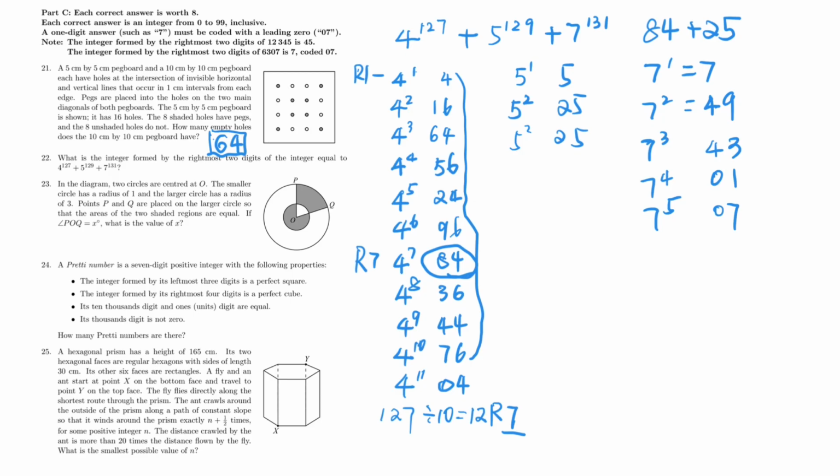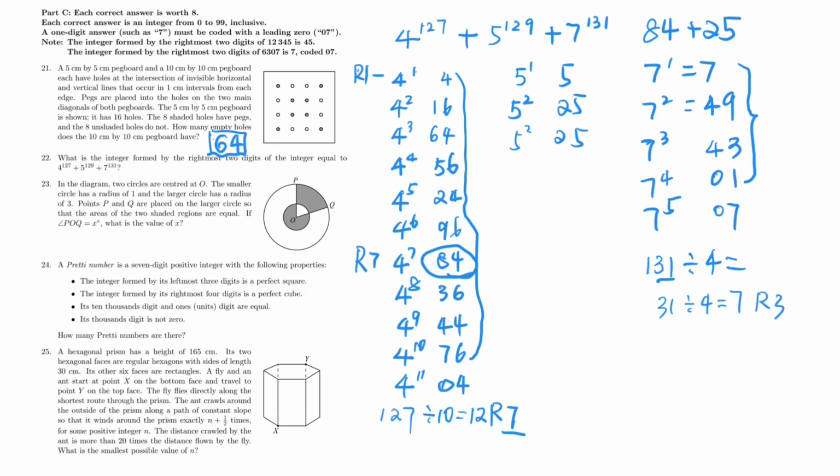Now we find from 1 to 4, every 4 numbers the last two digits repeat. And for 131 divided by 4, by the divisibility by 4 rule, we use the last two digits. So we use 31 divided by 4, that's 7, remainder 3.